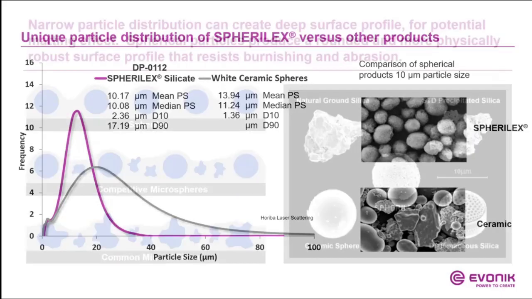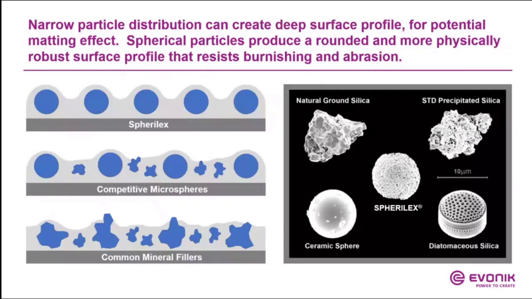What do we want to achieve by using the SPHERILEX particles? We want to create a micro-rough surface. So spherical particles produce a rounded and more physically robust surface profile that resists burnishing and abrasion.